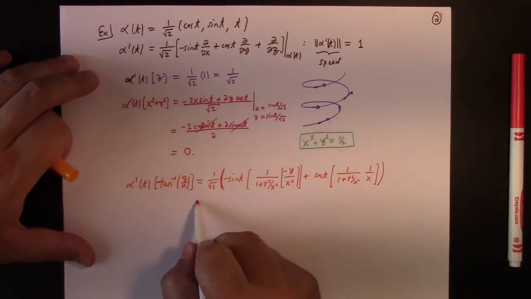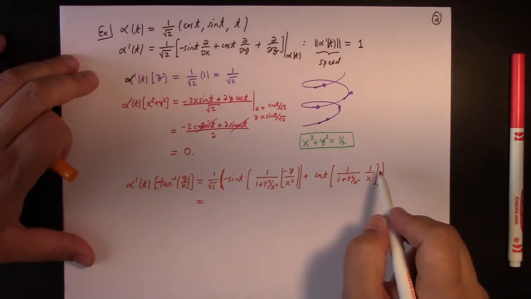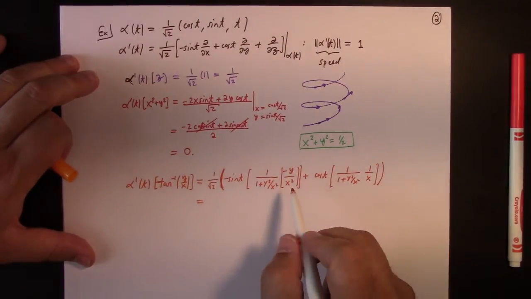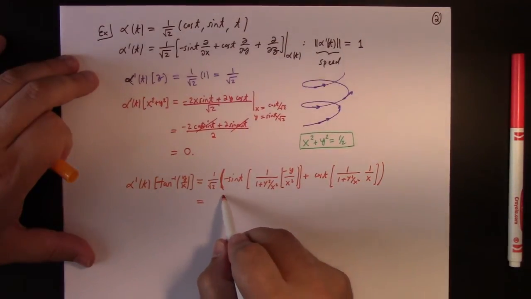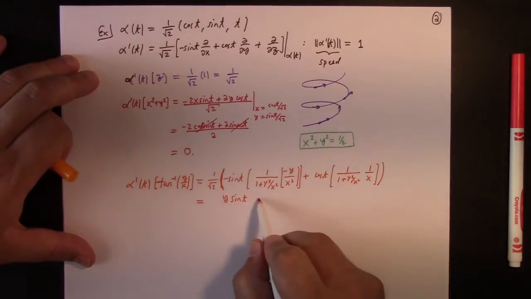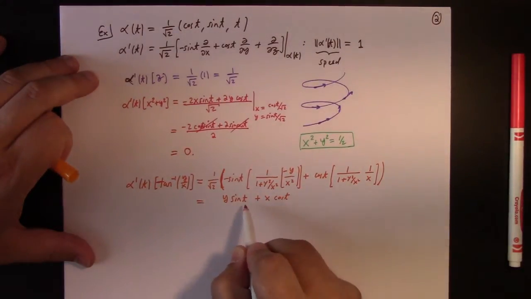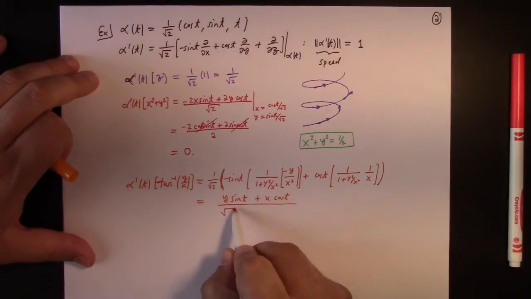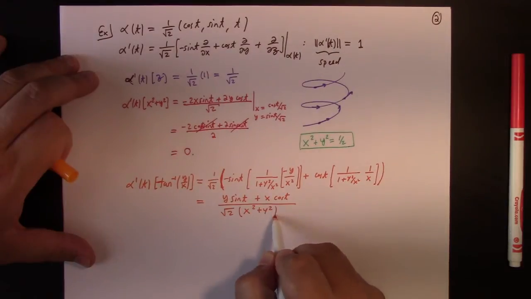Okay, then if you look at this, we can put some stuff together. What we really got is, multiply by x over x, and you get y sine t plus x cosine t, all divided by the square root of 2 times x squared plus y squared.